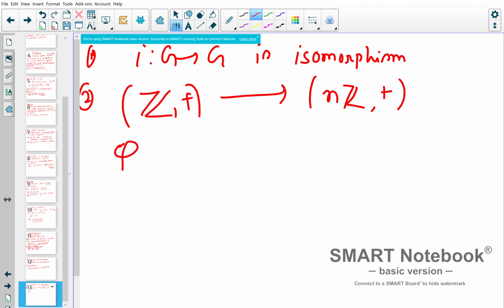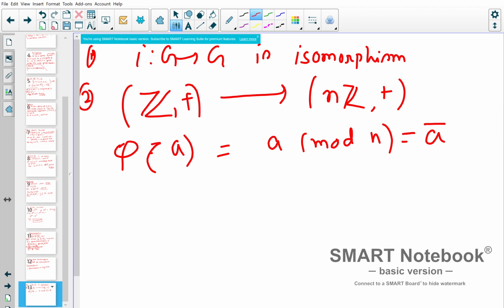Any element A I send to A mod n, or rather A bar, you can write it by this symbol. Some people write A n bar, but I think it is better to write just A bar, if you understand the meaning. Okay, A mod n.